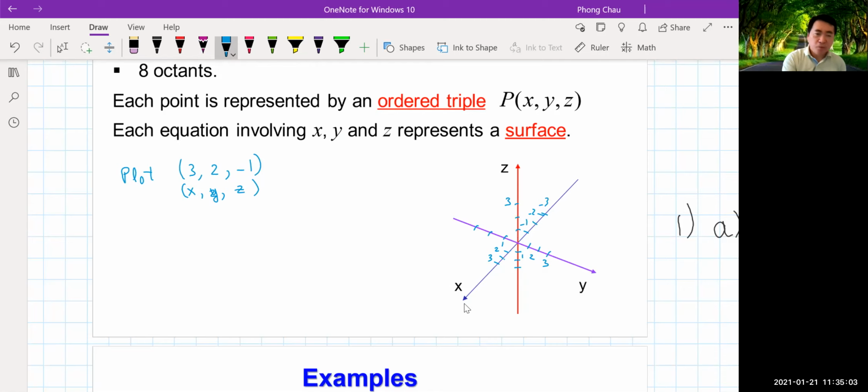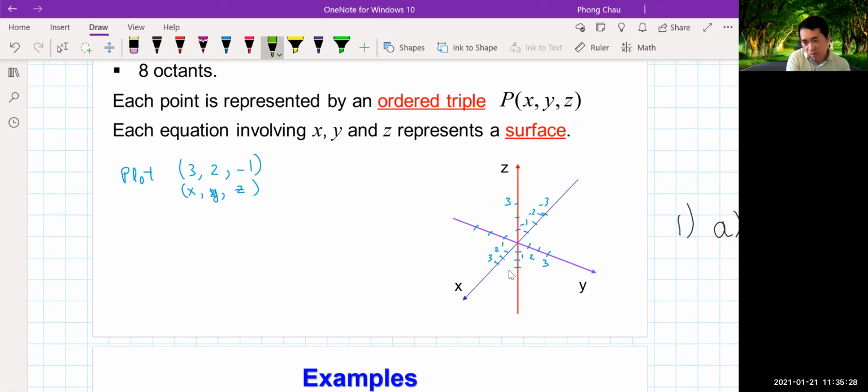So to locate the point (3, 2, -1), we start from the origin. We count 3 units to the front, so we go 1, 2, 3 units in the x direction. And then 2 in the positive y direction.